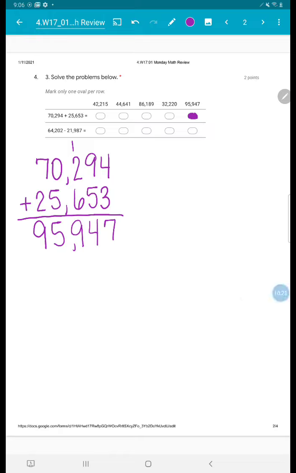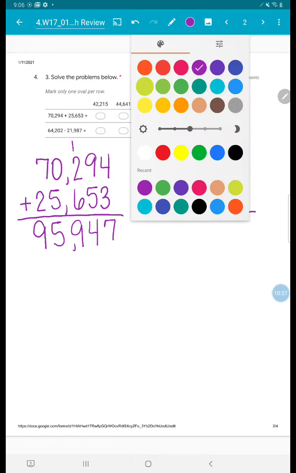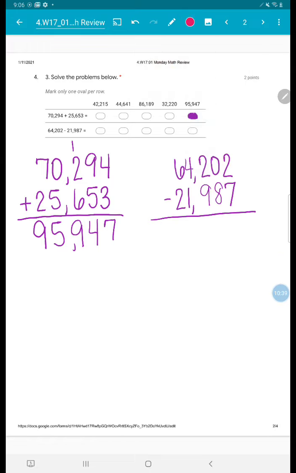Next, we'll do the subtraction. We have 64,202, and I'm taking away 21,987. If I have 2, I cannot take 7 away, so I need to come over and regroup some tens, but I don't have any tens, so I'll have to come all the way to the hundreds.